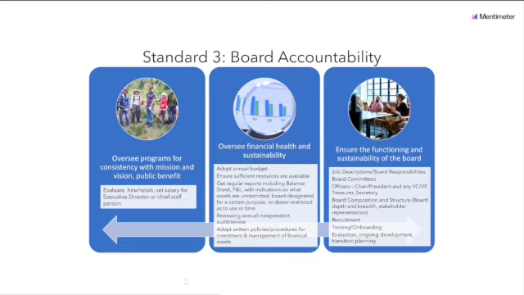Speaking of offices, the board can and usually does apportion responsibilities among officers who are usually elected by the board, and they can include the president or the chair, who's responsible for coordination of the board and the organization, a treasurer responsible for financial matters, and the secretary responsible for minutes and records. There might be vice presidents or other officers who back up these people.